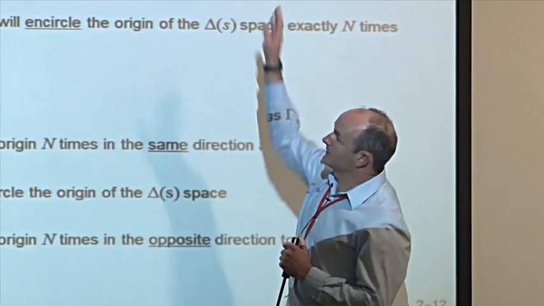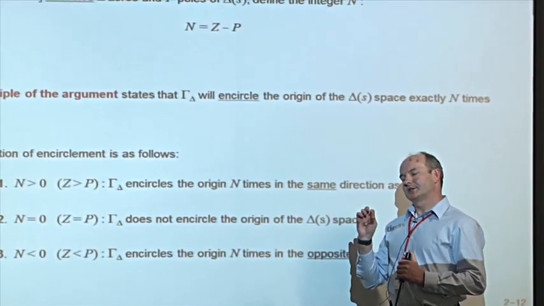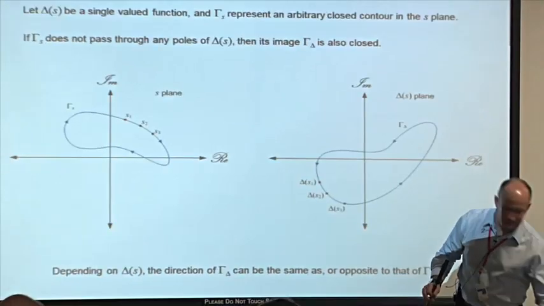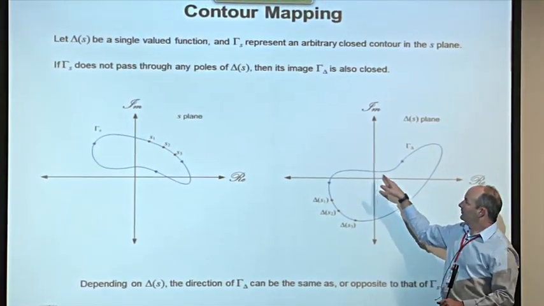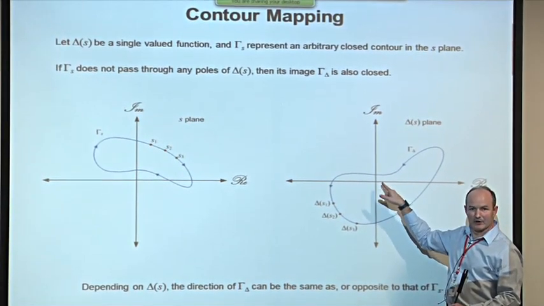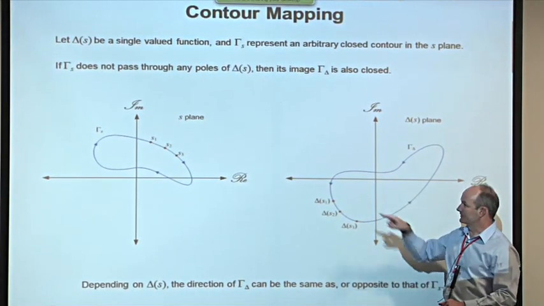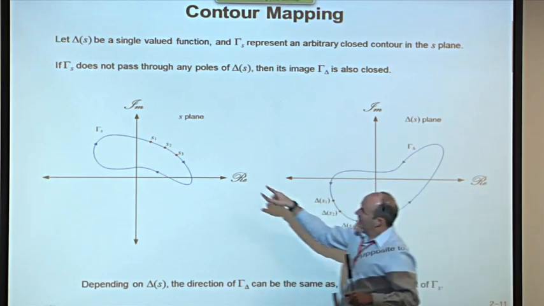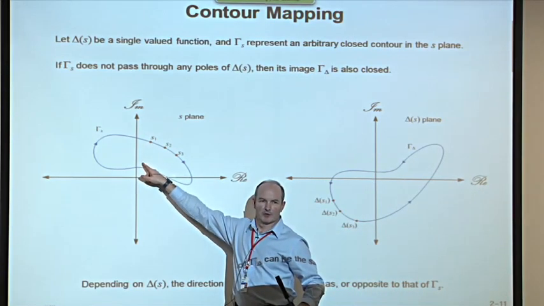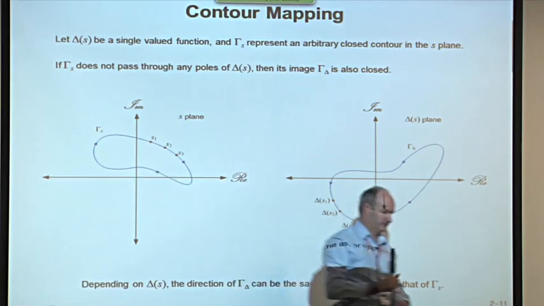And he established something called the principle of the argument, which connects these properties of direction, and whether or not this fella encircles the origin. Those 2 things, direction change and encirclement of the origin, they're connected with the number of poles enclosed over here.